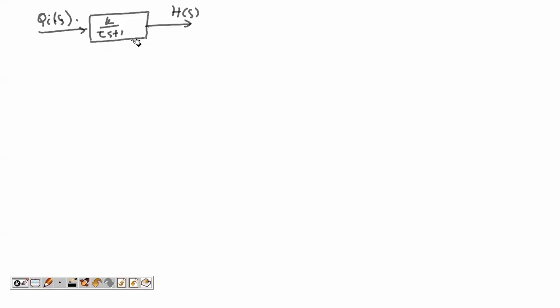So H(s) over Q_i(s) here can be put in a block like this. So output is transfer function times input.